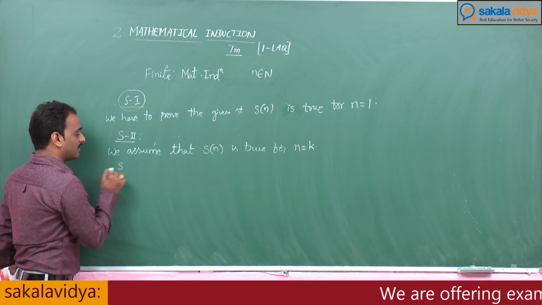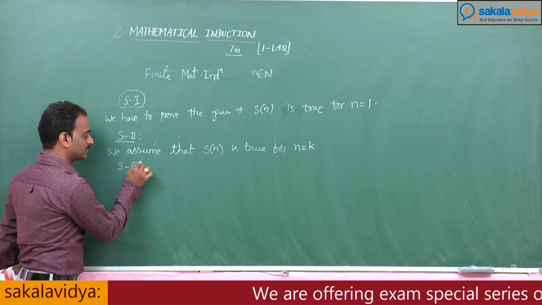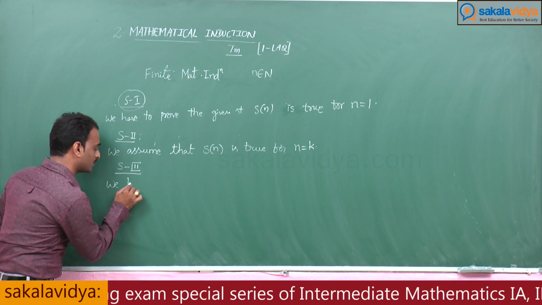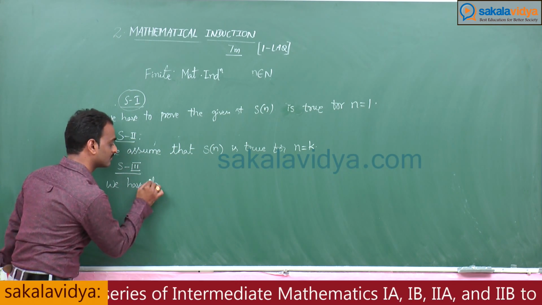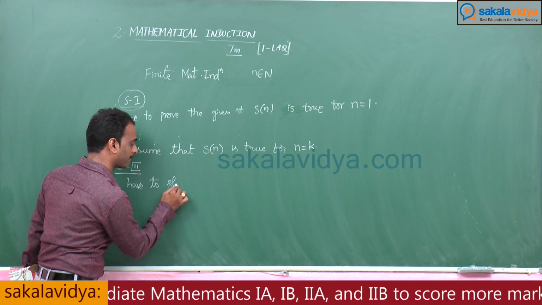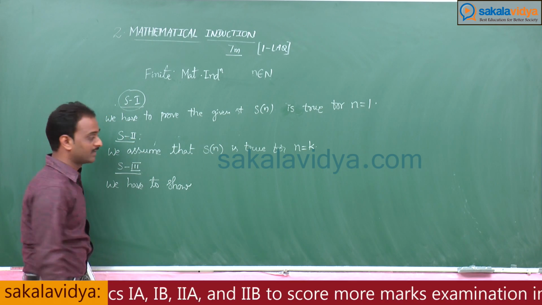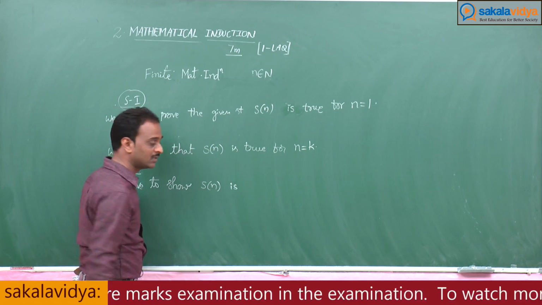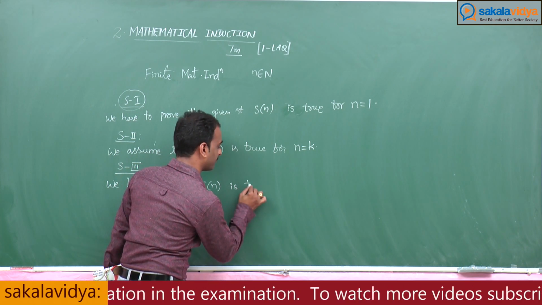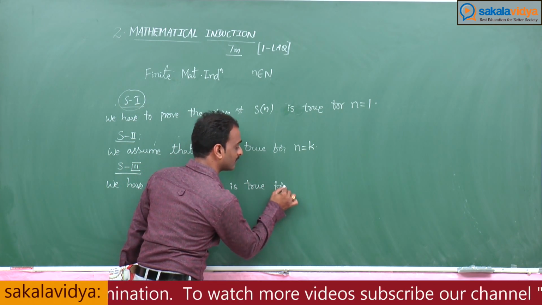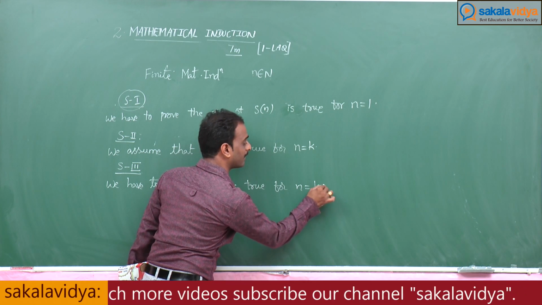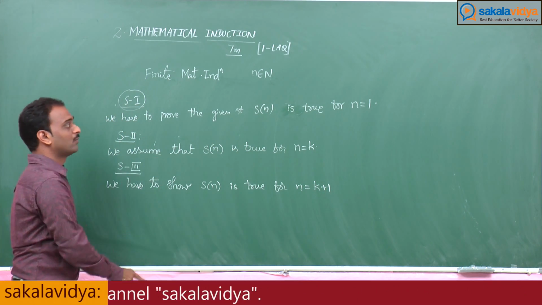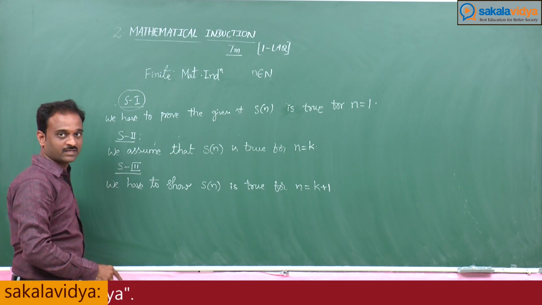And the last step, that is the third step, step 3 is we have to show given statement S of n is true for n is equals to k plus 1. First step, to prove S of n is true for n is equals 1.